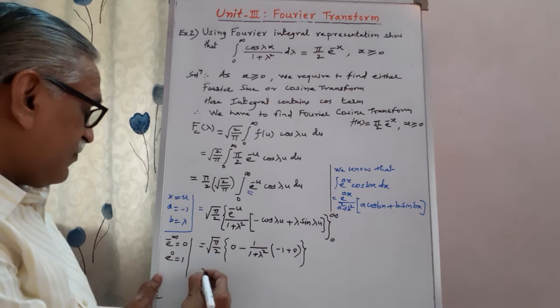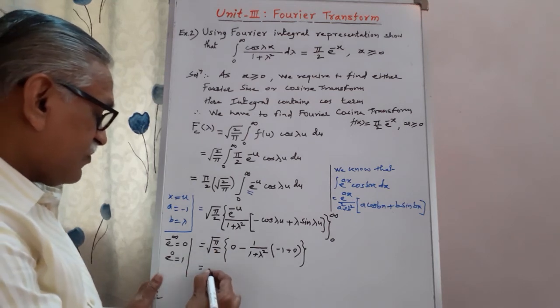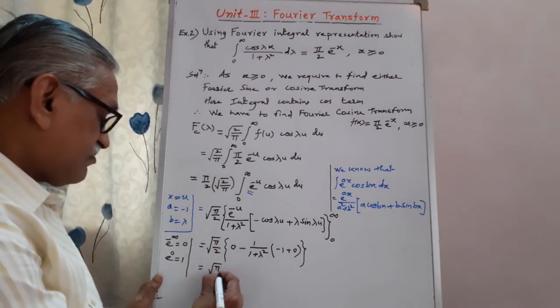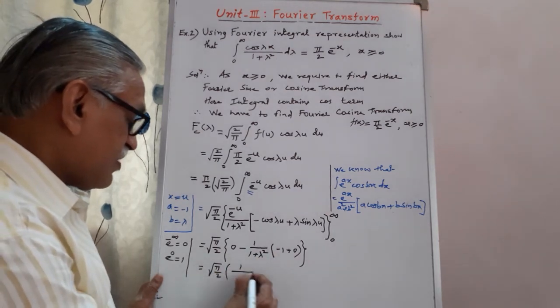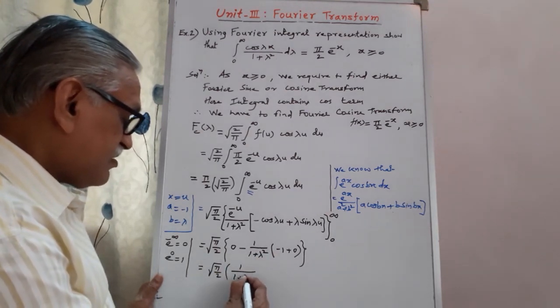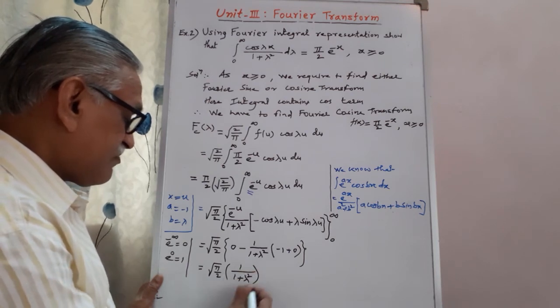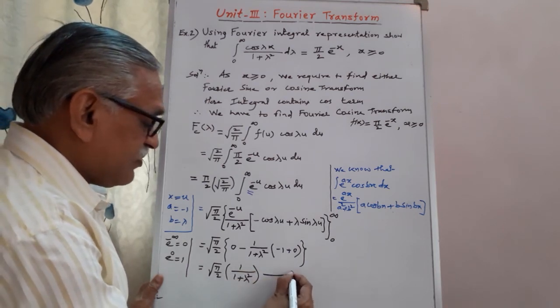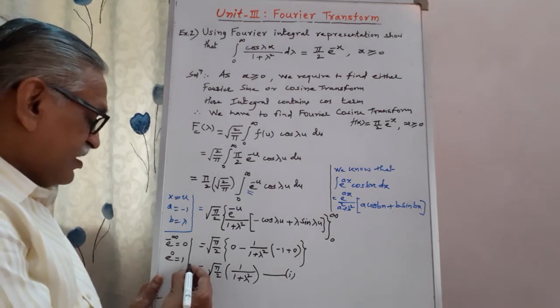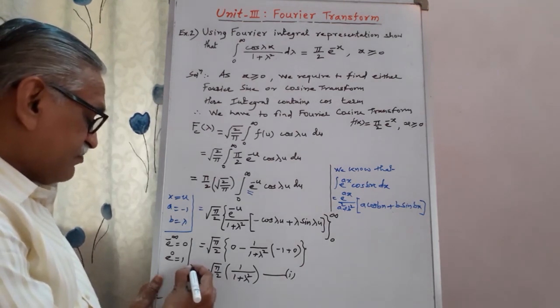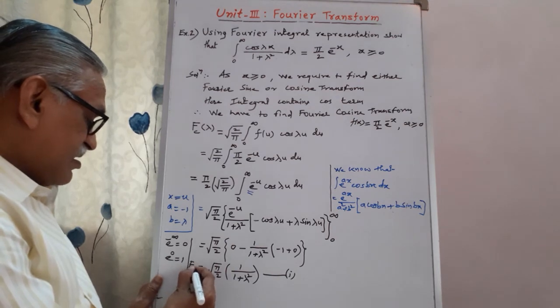Simplifying, it is root of pi by 2, minus minus becomes plus, 1 upon 1 plus lambda square. We call this equation 1, and this is the Fourier cosine transform FC lambda.